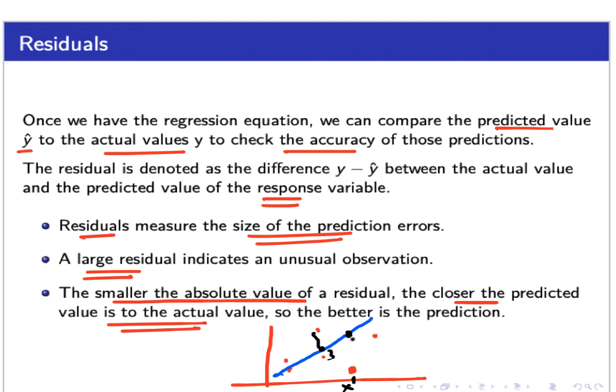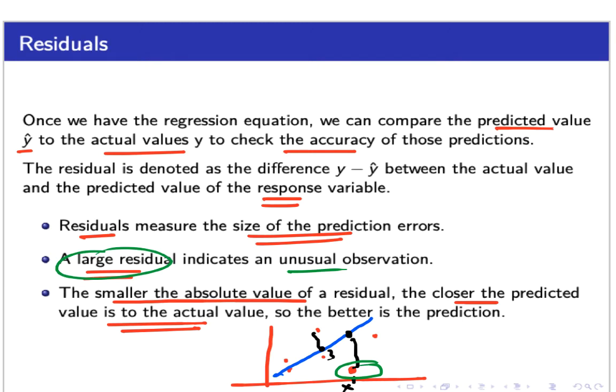But look at this huge error. Clearly, compared to the rest of the values, this little value is very, very far away from the whole data. It's like an outlier. You see that here? That's what it means when a large residual indicates a very unusual observation.